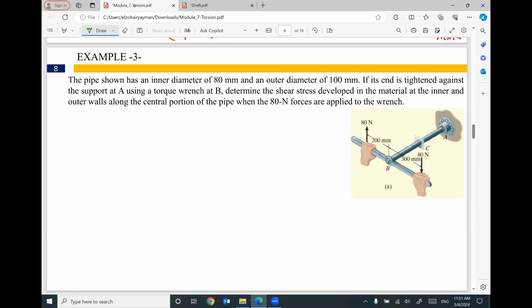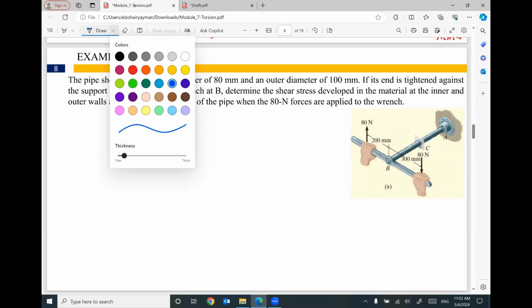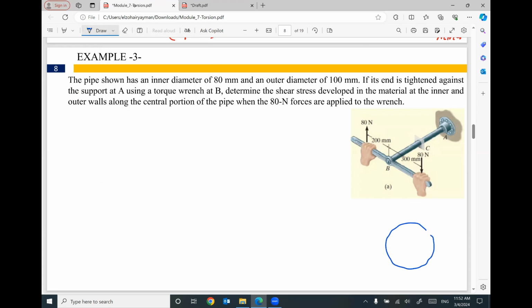The pipe shown has an inner diameter of 80 millimeter and an outer diameter of 100 millimeter. So this pipe BA or AB has a cross section which is hollow. The inner diameter of this pipe equals 80 millimeter and the outer diameter equals 100 millimeter.